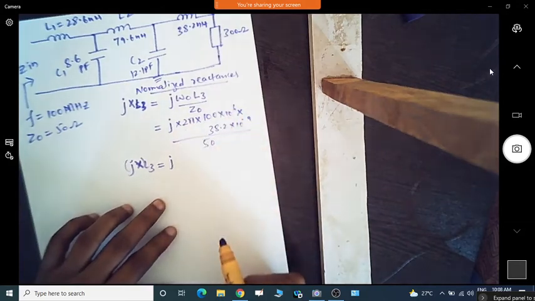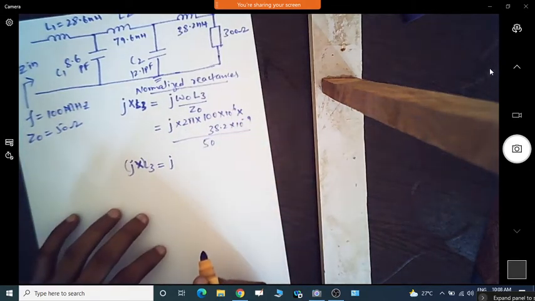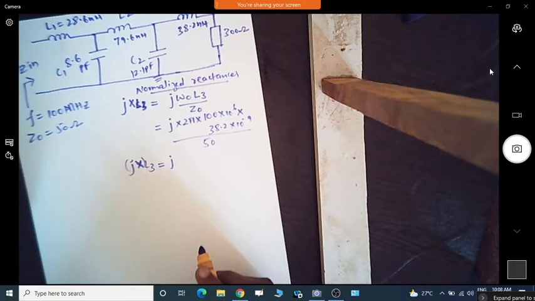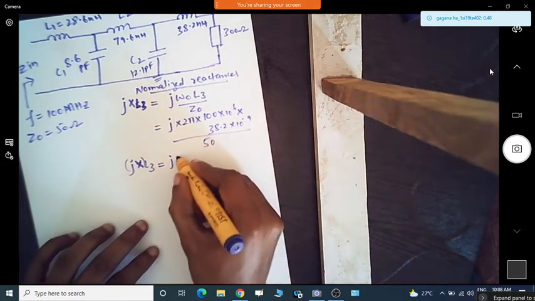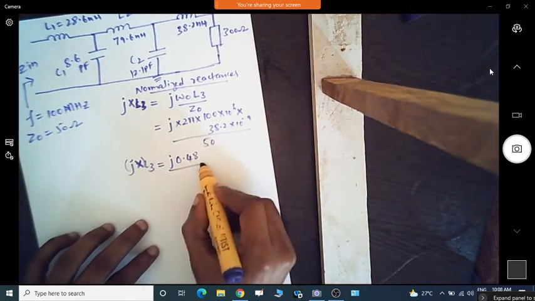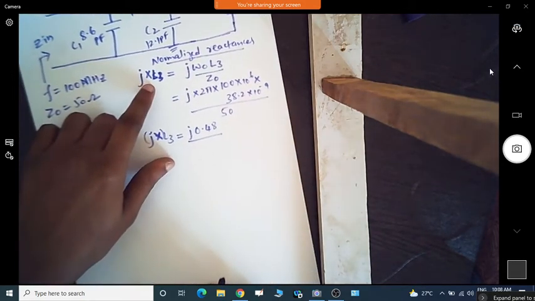Take these values and try to do it. Can anybody tell what is the value? Okay, j 0.48. This is the value offered by the inductor L3.